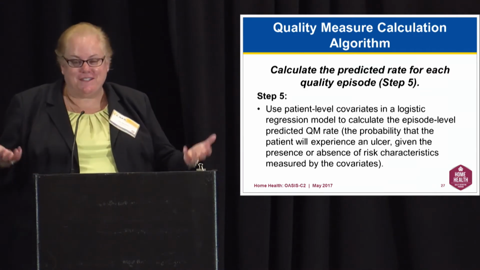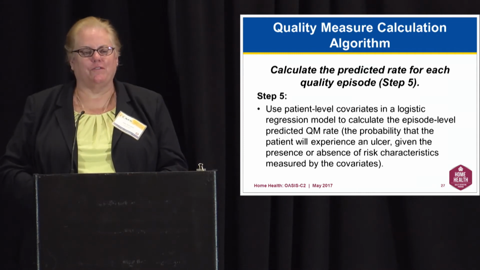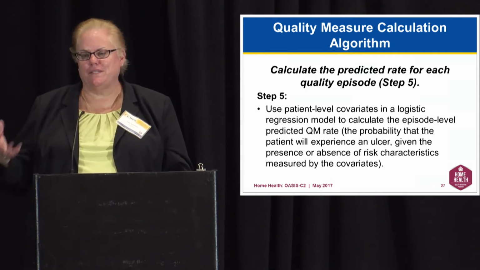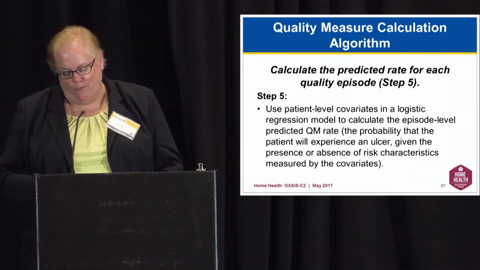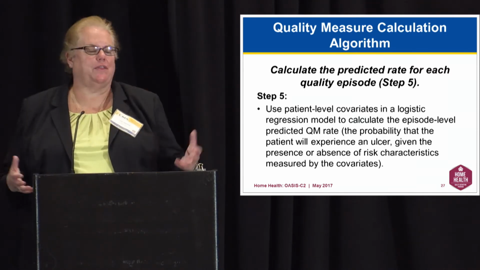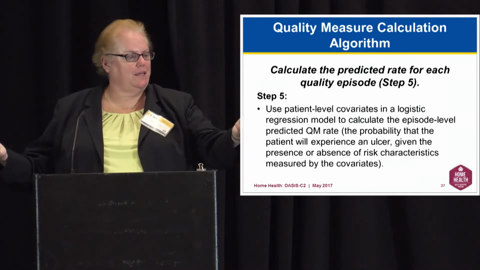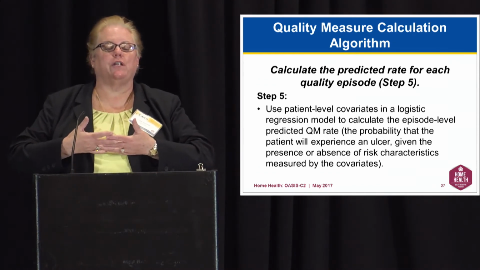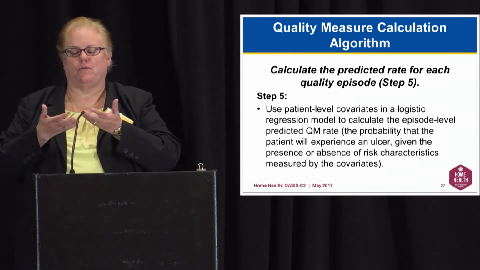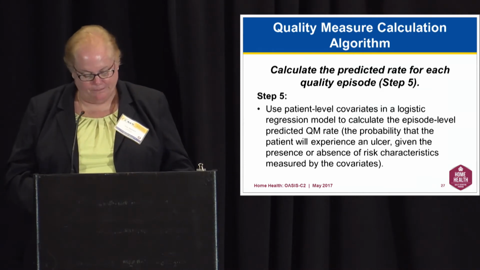But let's say you did, as compared to another agency who was caring for very disabled patients, maybe with weight loss and all kinds of other things going on with them, you'd say, well, wait a minute, my agency is not the same as your agency, or my client group is not the same as yours. So what they try to do in the math here in the covariates is try to make a level playing field. And that's really what you need to take away from that.